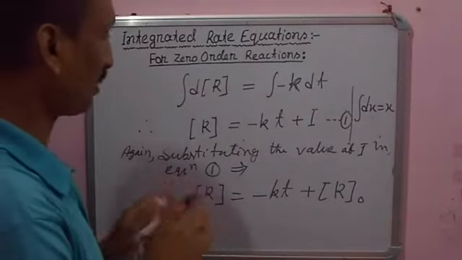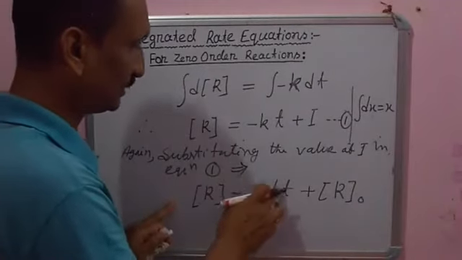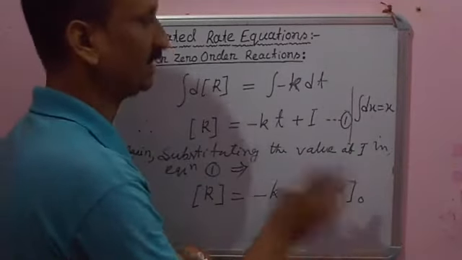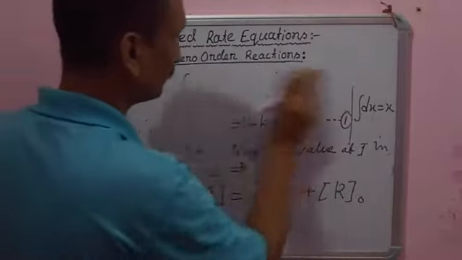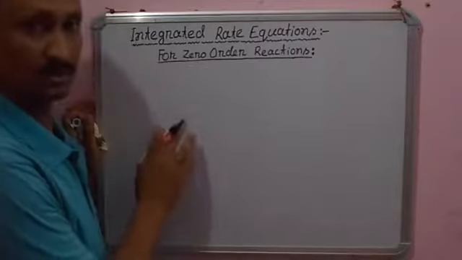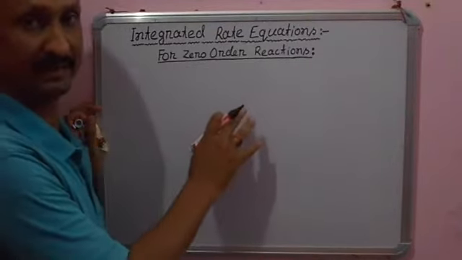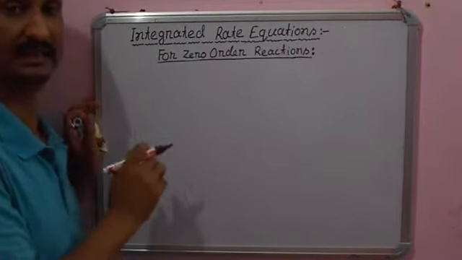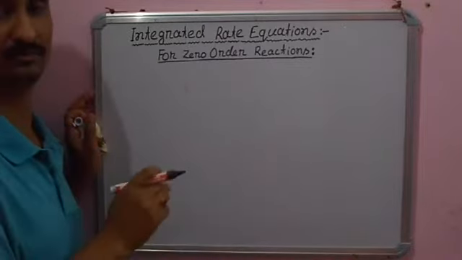We get a straight line with negative slope minus k and intercept [R]0, the initial concentration.